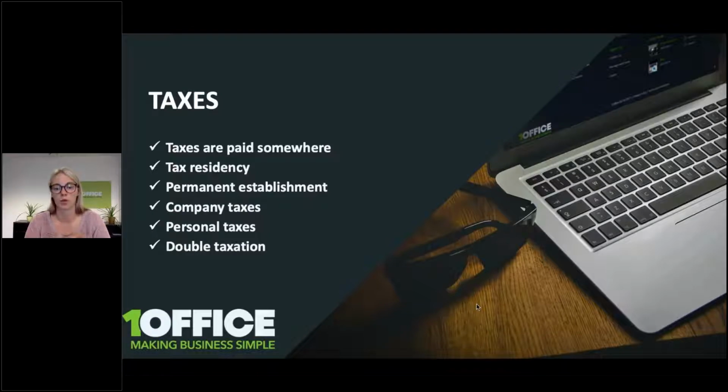So if we have an Estonian company, but this Estonian company has been established by a German person who is a German tax resident and lives permanently in Germany and runs the company from there, so the management location is in Germany, then this means that the Estonian company has a permanent establishment in Germany and should pay taxes according to German regulations, rules and rates as well.